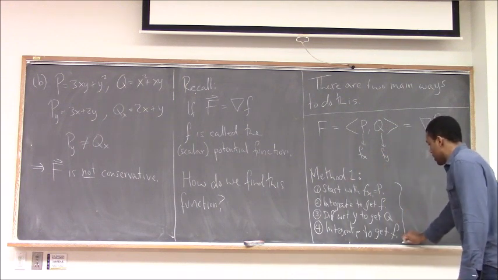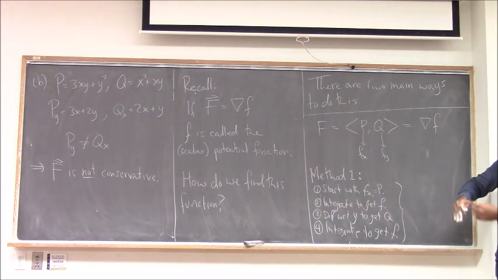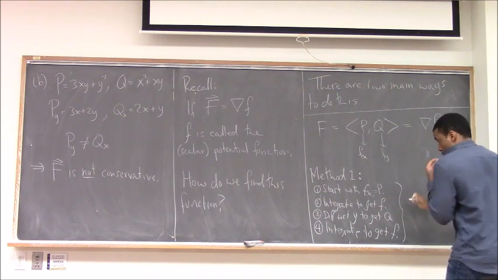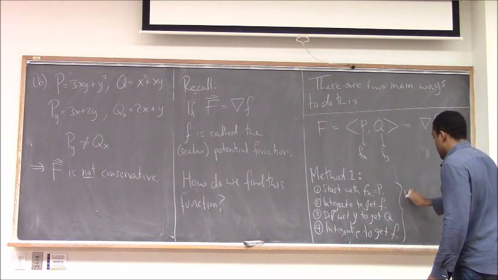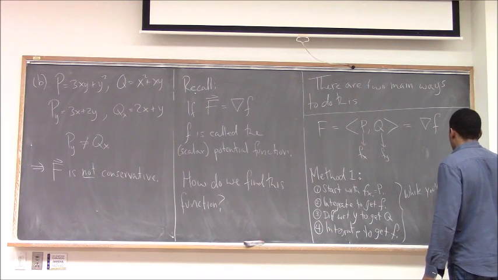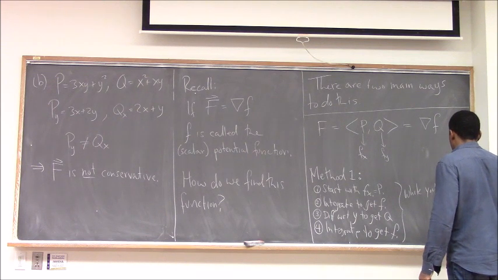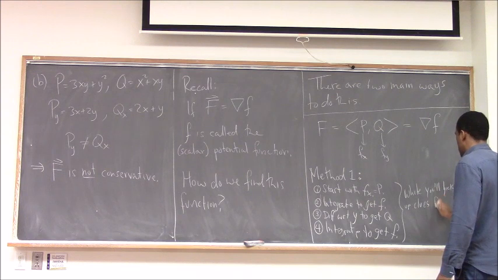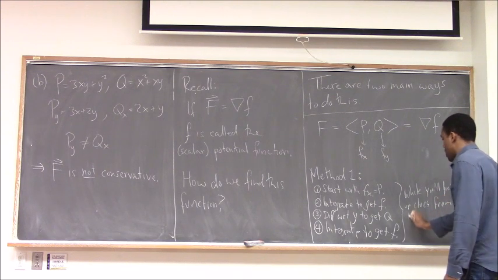All the while, you realize that when you're integrating, you're picking up arbitrary constants, but every time you differentiate, you can solve for those arbitrary constants. And while doing this, you'll pick up clues from the arbitrary constants.